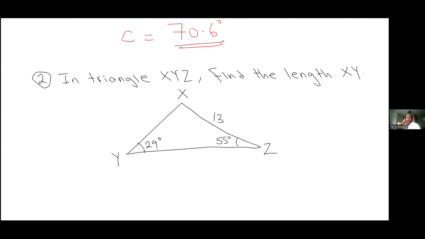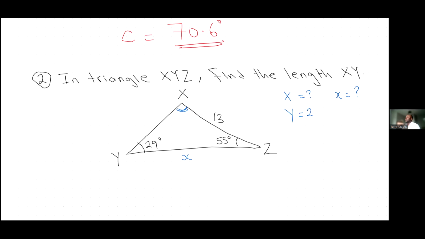Like I always say, I prefer to write down all the angles and sides. Angle X was not given, and side X was also not given. Angle Y was given to be 29 degrees.